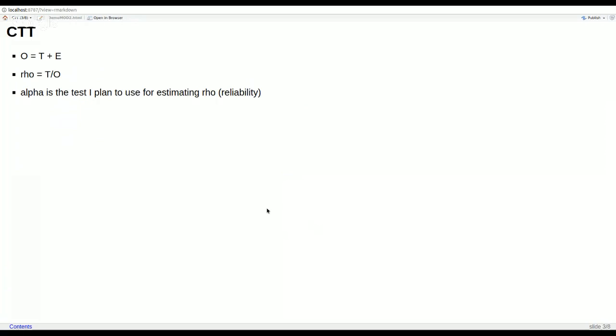And then to assess reliability, it's a good way to have a central theme of understanding reliability. And reliability, as Fred Lord says, is a ratio of variances. It's true score variance over observed score variance.